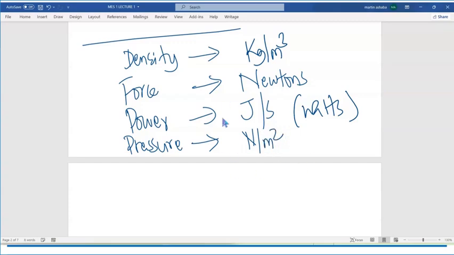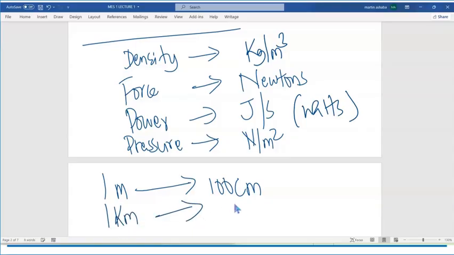Anything that is outside this, you always have to do a conversion. And we know that 1 meter is equivalent to 100 centimeters. 1 kilometer is equivalent to what? 1,000 meters.